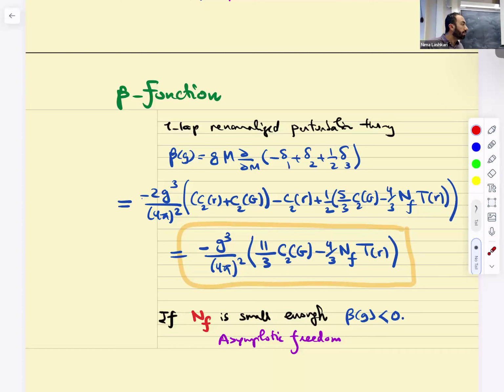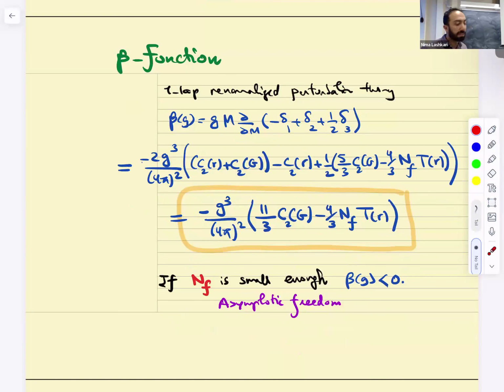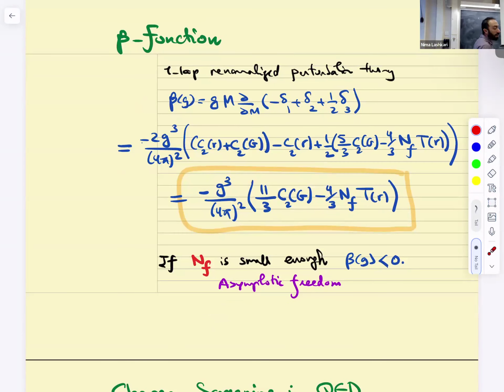So for SU(N) gauge theory with fundamental fermions, this would be 11 over 3 N minus 2 over 3 NF. So for example, in the case of QCD, what would be the N? 3. So you would get 11 minus 2 over 3 NF. So if NF is small enough, you get asymptotic freedom, right?